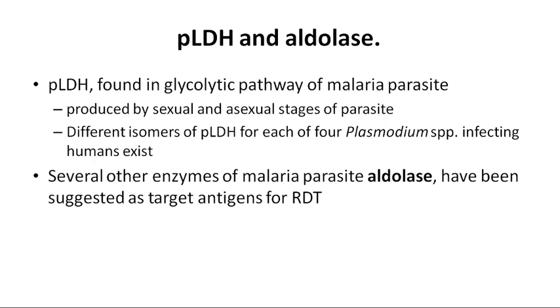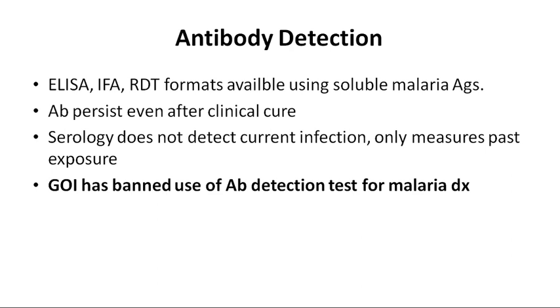In this also, different isomers of pLDH are available which infect human and other parasites. Several other enzymes of the malaria parasite like aldolase are also used as a target for antigen in rapid detection techniques.